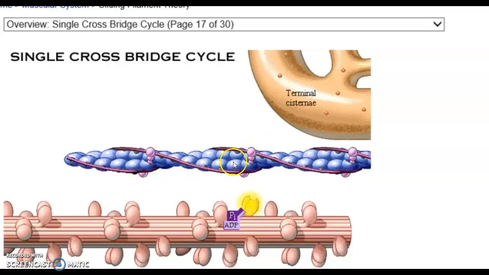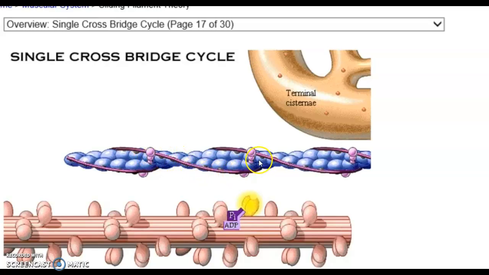This is my actin filament, or thin filament, in which the big blue beads are the actin proteins. The thread-like protein is the tropomyosin. The bead-like protein attached to the thread is the troponin.